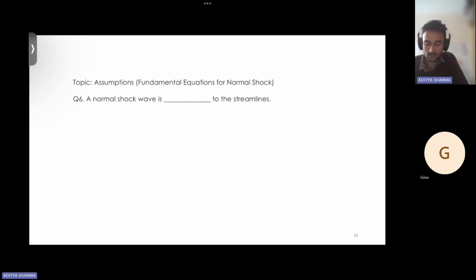So this is from the assumptions part of the fundamental equations for normal shock. As I have already mentioned, the assumptions part is very important when we are dealing with the theoretical part of normal shocks, or any such scenario. Okay, yes, we have an answer from Harshit.